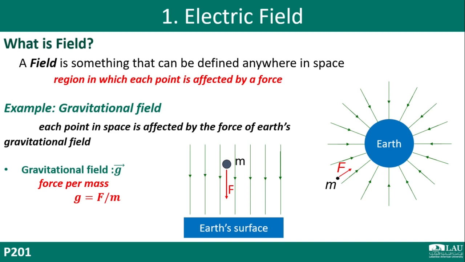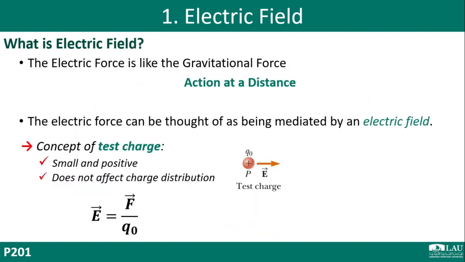As you can see here, the gravitational force is directed downward, and the direction of gravity is also always downward.